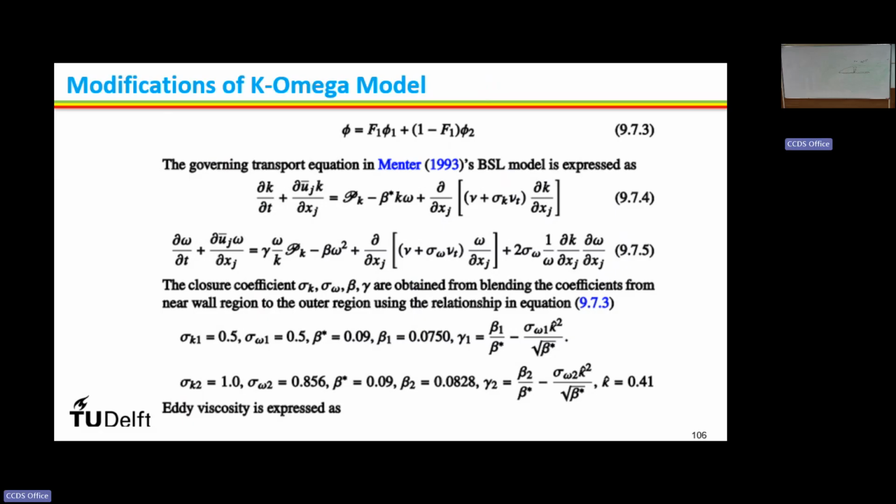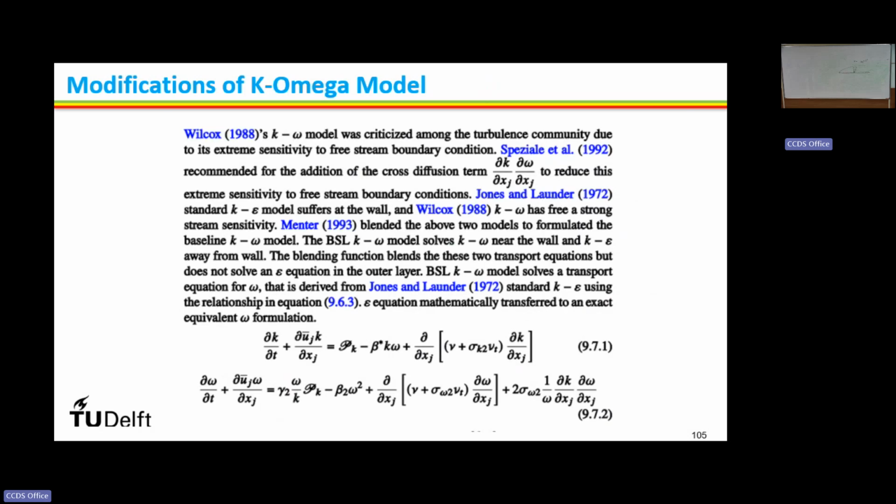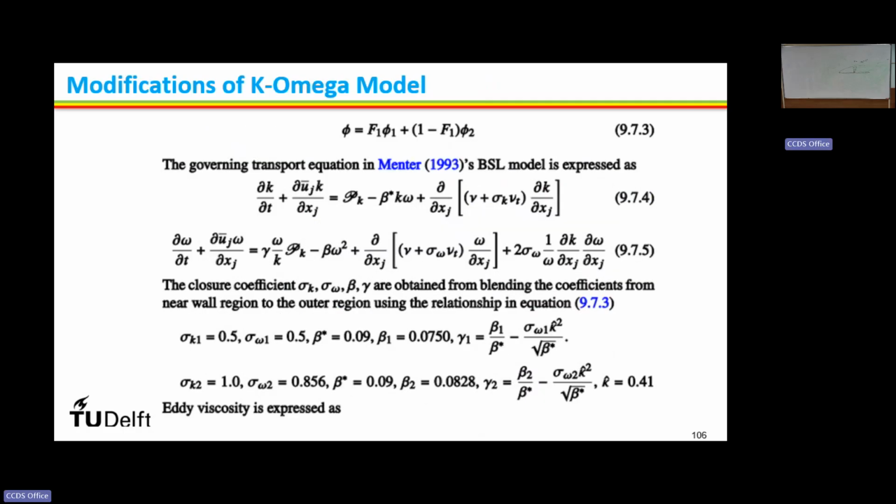So he developed the modified k omega model, where in the Wilcox model, this parameter was somehow constant. They fix it. But the idea of Menter was to blend the k epsilon model and the k omega model.